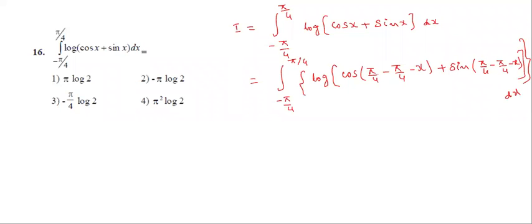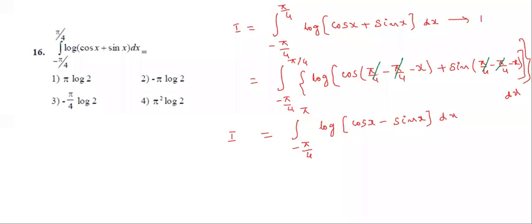So here minus pi by 4 plus pi by 4 cancel. Cos of minus x is cos x, but sin of minus x is minus sin x. So we get the answer like this, minus pi by 4 to pi by 4 logarithm of cos x minus sin x dx.